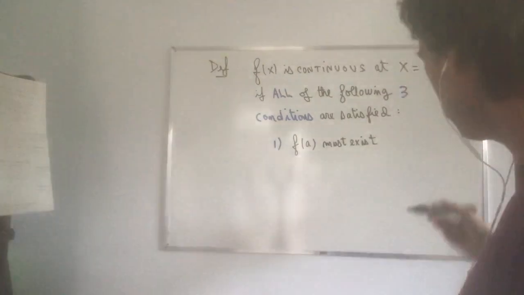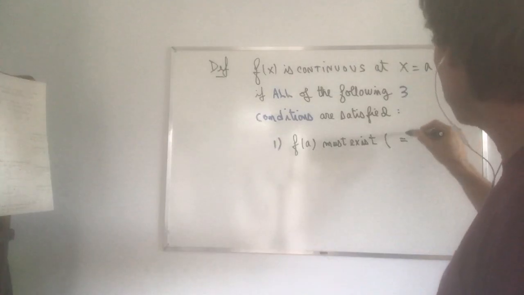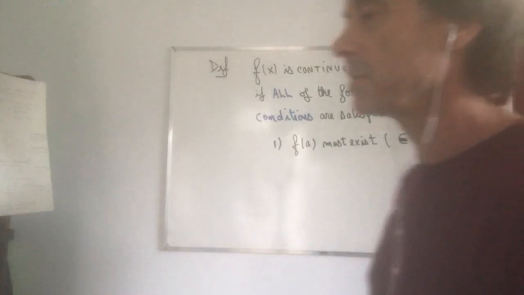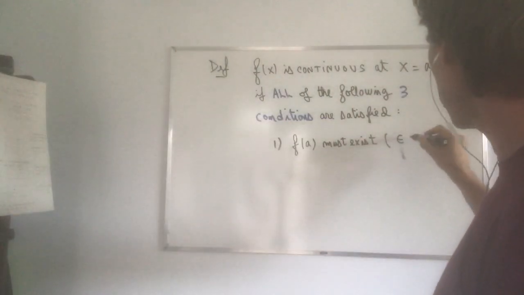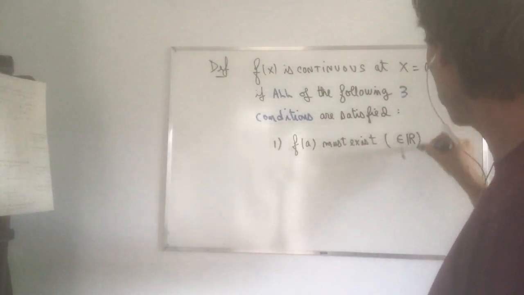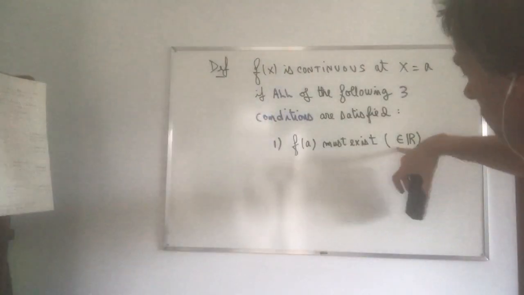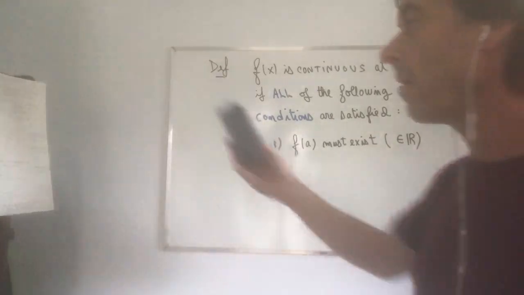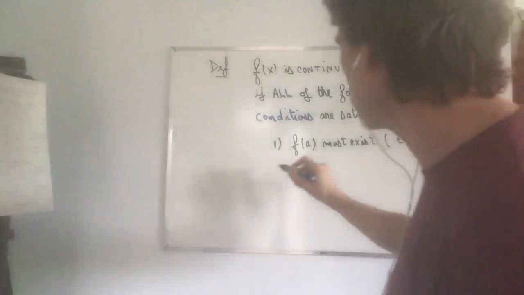Must exist means that it is an element of the real number system. This fancy symbol says it belongs to the set of real numbers. So as long as f of a is a real number, we're in business. The first condition is satisfied.